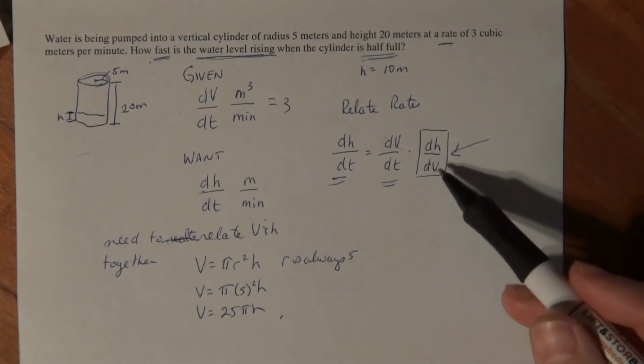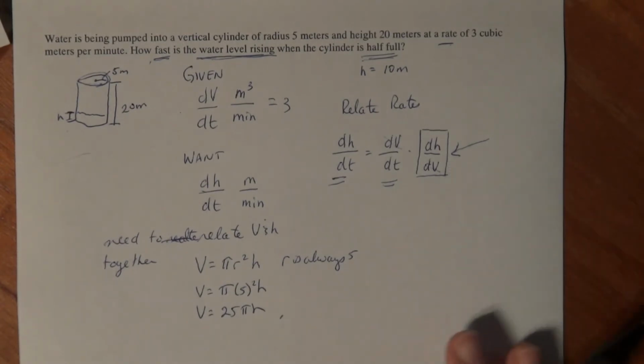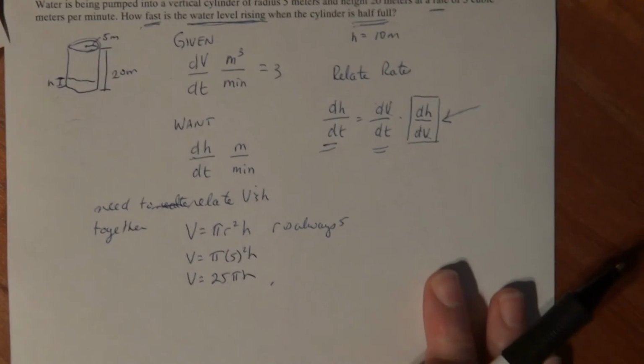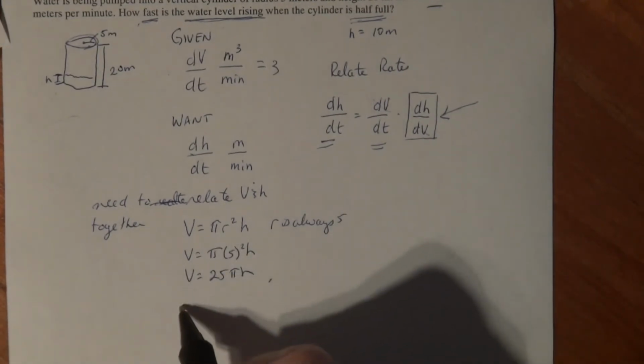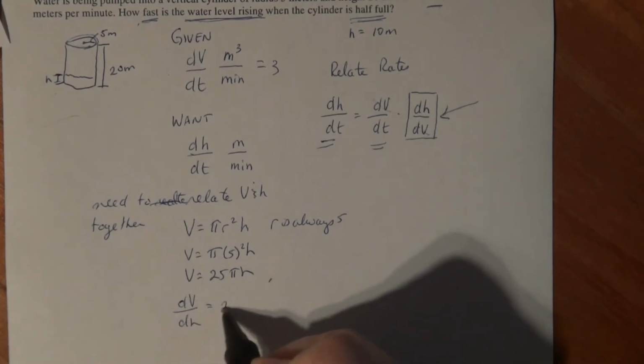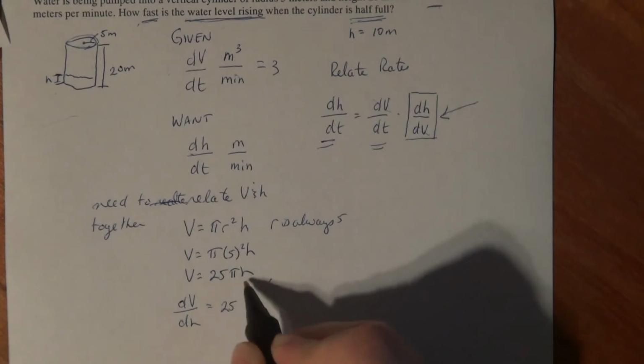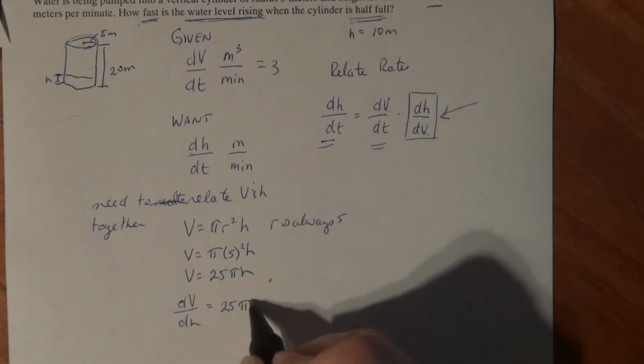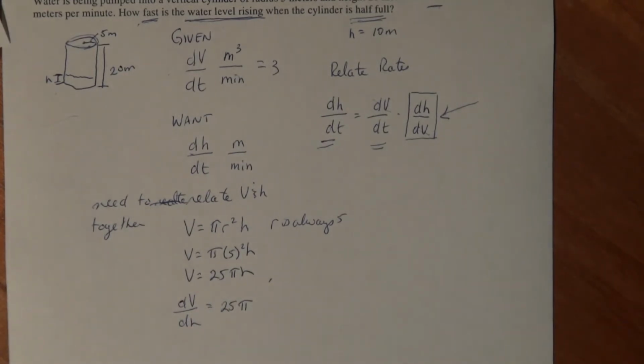Now what I need over here is dh/dV, but what I can find is dV/dh. The derivative of V with respect to h is quite straightforward too. The derivative of h is 1, so 25 pi is the derivative of V with respect to h.